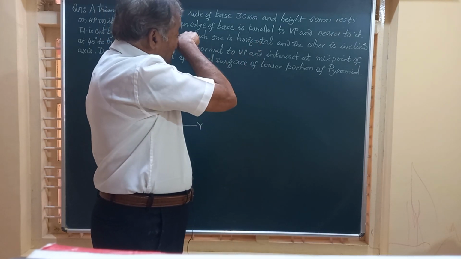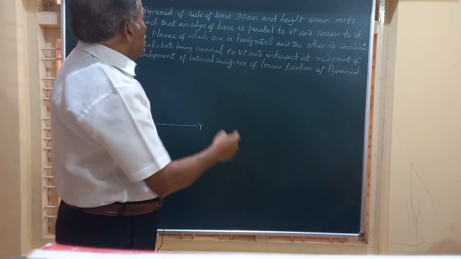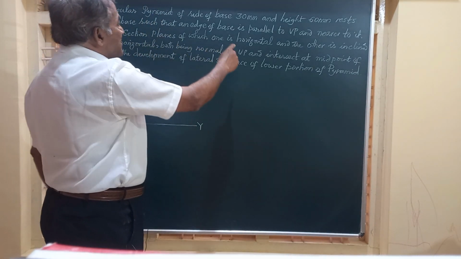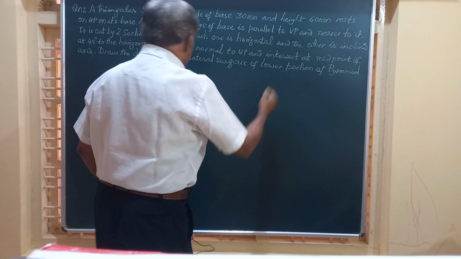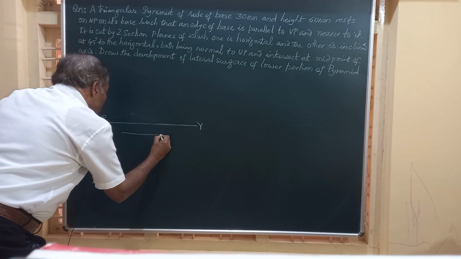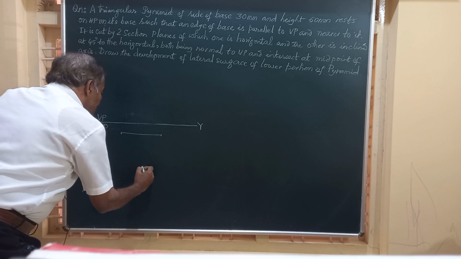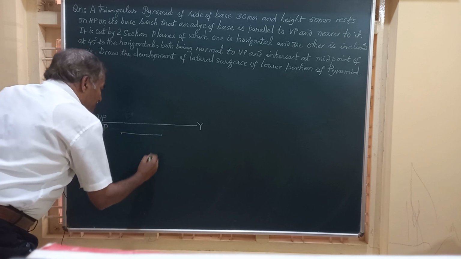In the initial position, the pyramid is resting on HP on the base ABC, such that one of the base edges is parallel to VP and nearer to it. So friends, I am going to draw the top and front views of the pyramid of size 30 mm.